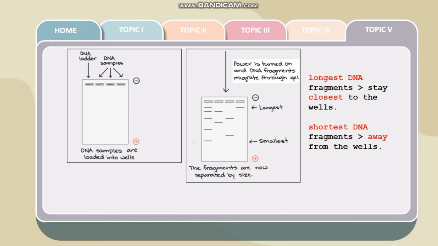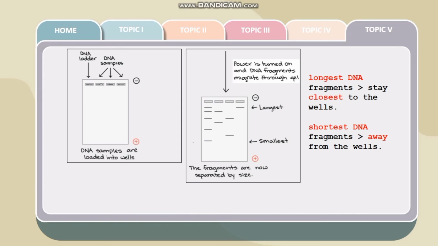So right now, we will observe the second image wherein you may notice that the bands are separated. So here, the longest DNA fragments migrate most slowly through the gel and stay closest to the wells, while the shortest DNA fragments migrate most quickly through the gel and away from the wells. In this case, the fragments are now separated by size.